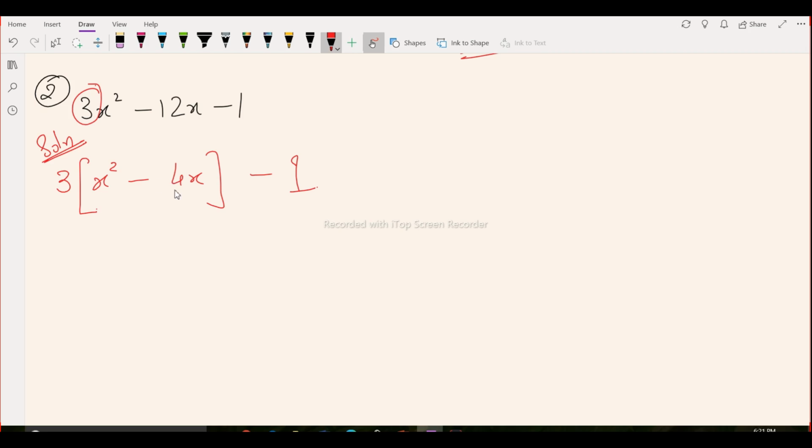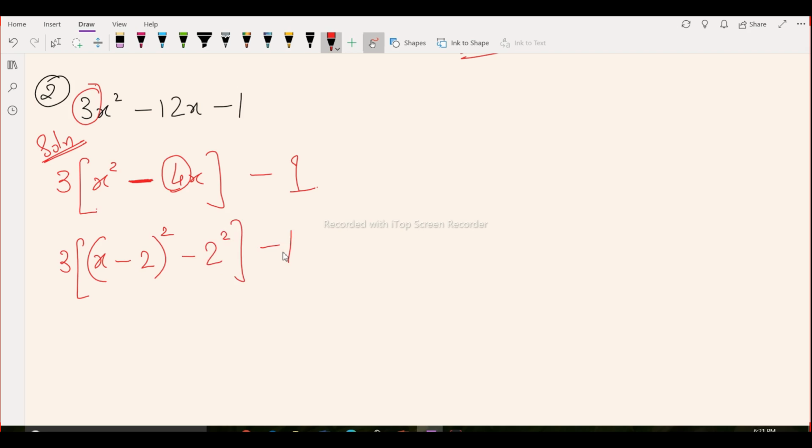So the coefficient of x is 4. Let's ignore the sign because obviously we square it, so we don't need to look at the sign. So 4 divided by 2 gives 2. And then I'll have 3 times x minus, because of the minus sign, 2 the whole square. Now 2 square is something which we have added, so we'll have minus 2 square minus 1.